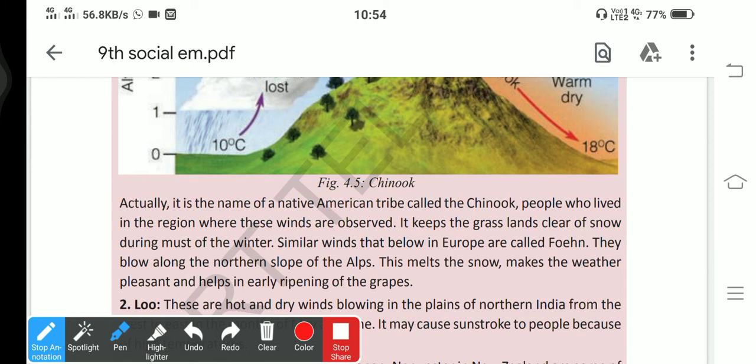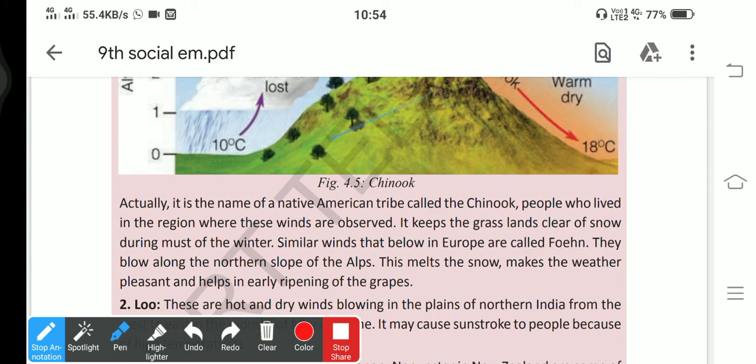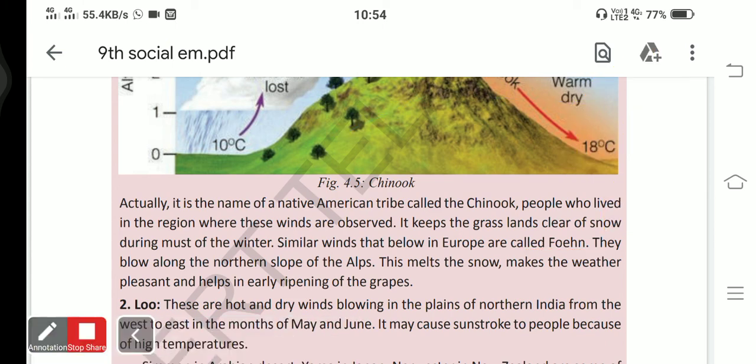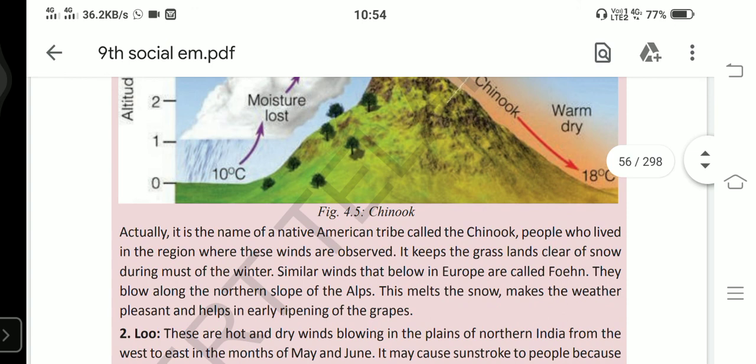Look at the spelling of Fohn. These Fohn hot winds blow on the northern slope of the Alps. And these Fohn winds melt the snow and make the weather clear and pleasant for the ripening of grapes in Europe.